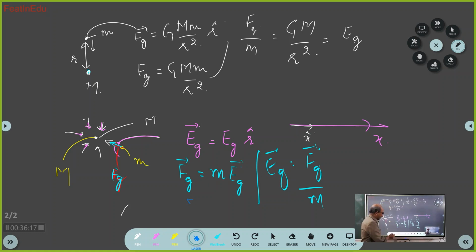Like that, I have defined the gravitational force on a body of mass m as m times the gravitational field at that point. I defined like that, and then I have done the remaining things.